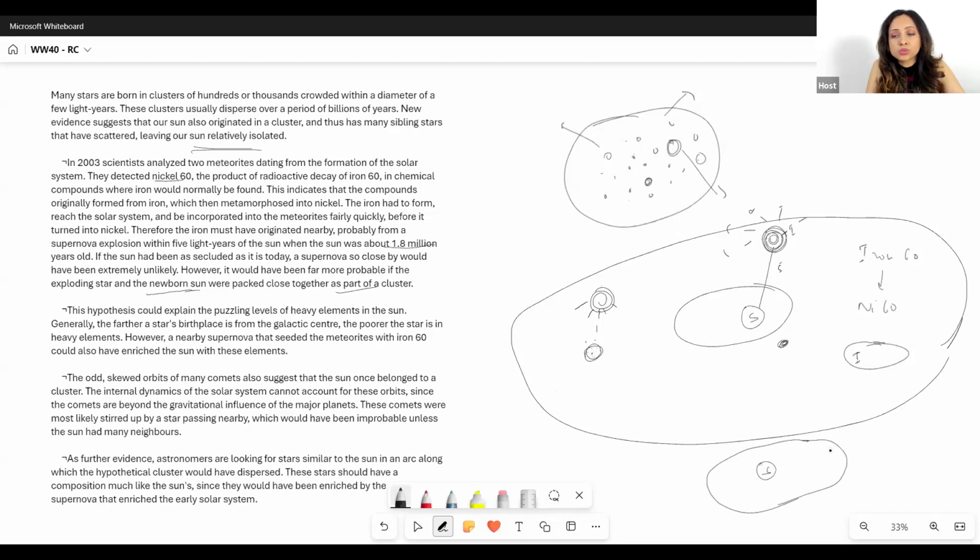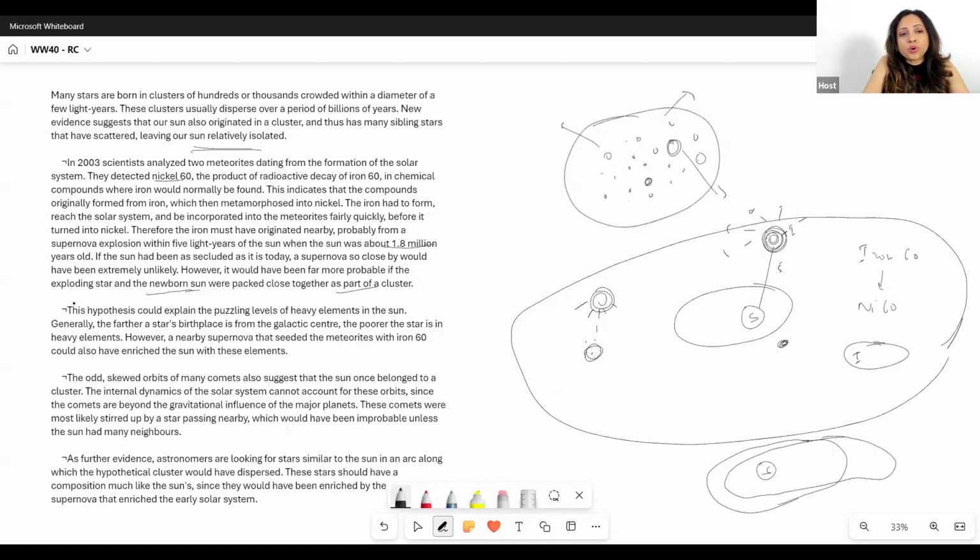Now we have comets in our solar system, and their orbit is really skewed and odd. Perhaps it could be something like this, right? And comets revolve around the sun. So then why isn't the sun more in the center? Why is the orbit more skewed? Why is it odd? So it also suggests that the sun once belonged to a cluster.